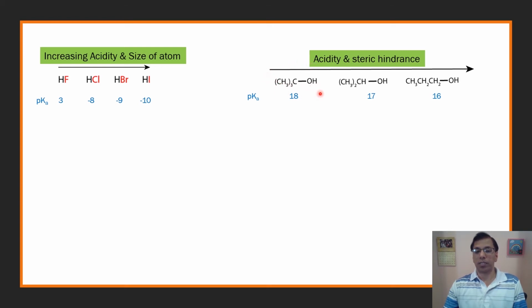If the steric hindrance or the branching increases further, then the pKa value increases to 18. So as you can see, with the increase in steric hindrance, the pKa value increases. That means the proton becomes less acidic.